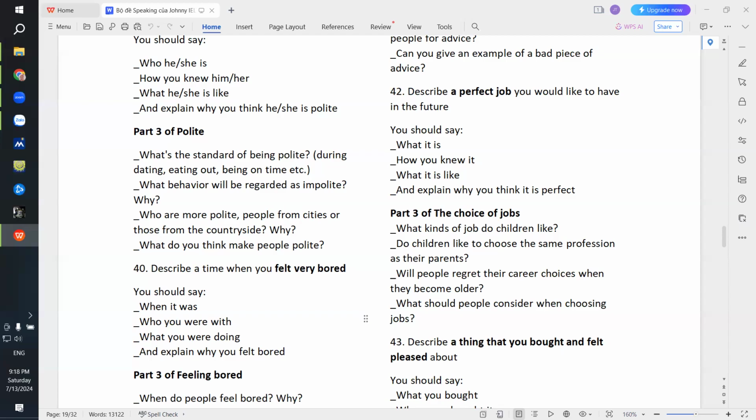Anyway, so Miss Chow, will people regret their career choices when they become older? What do you think? Well, I believe that everyone will have a time that they feel really regretful for having chosen the career as they become older.